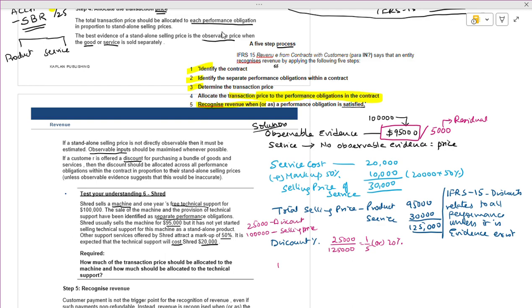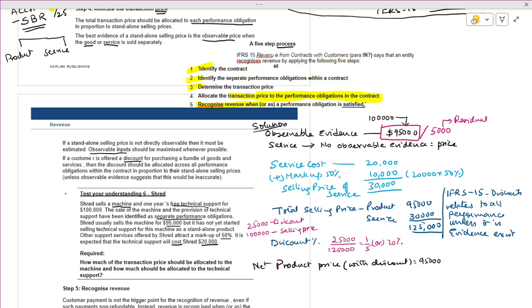Product discount. Okay, net product price with discount comes to how much? 95,000.